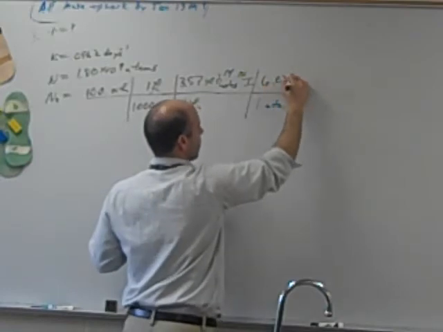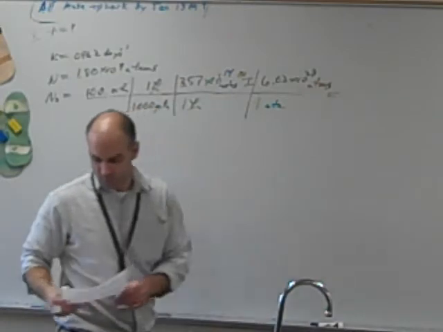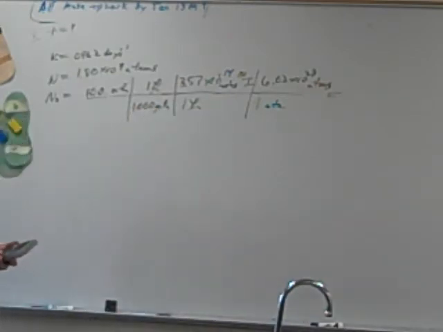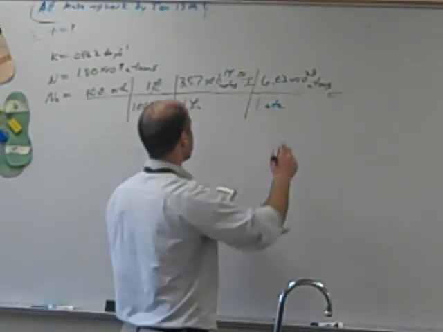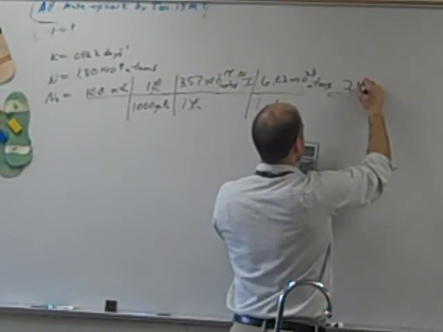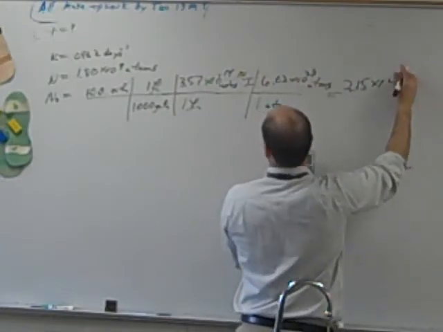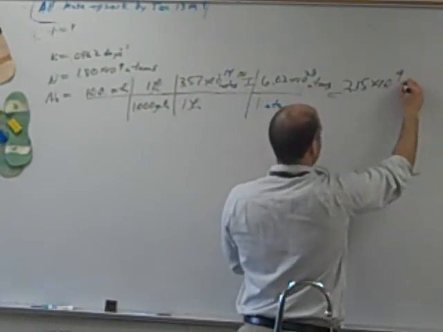And 1 mole is 6.02 times 10 to the 23rd atoms. Three sig figs. So with 3 sig figs, 2.15 times 10 to the ninth atoms.